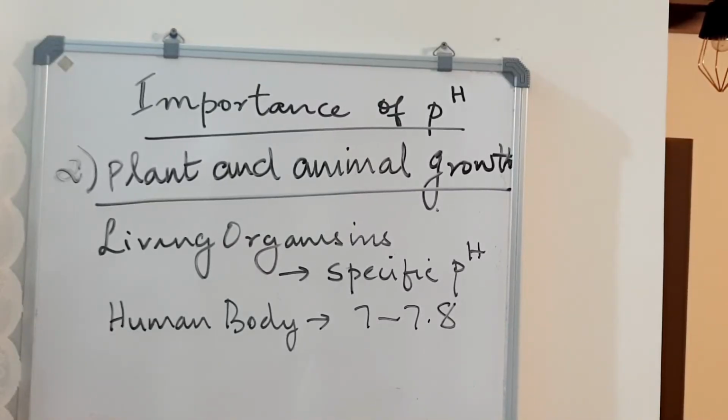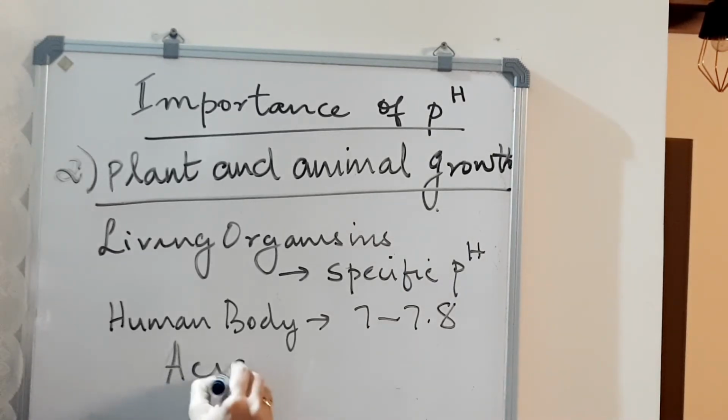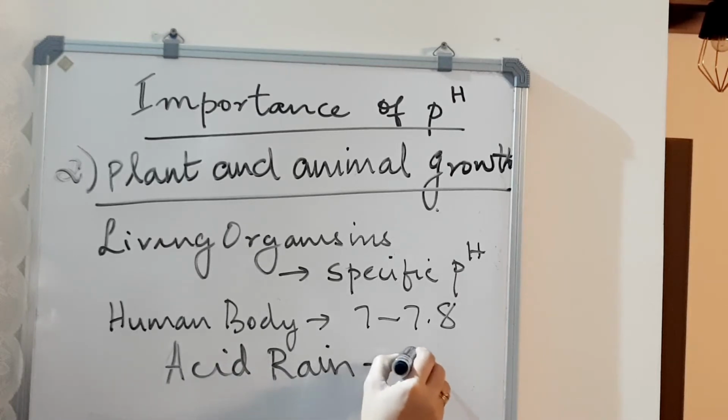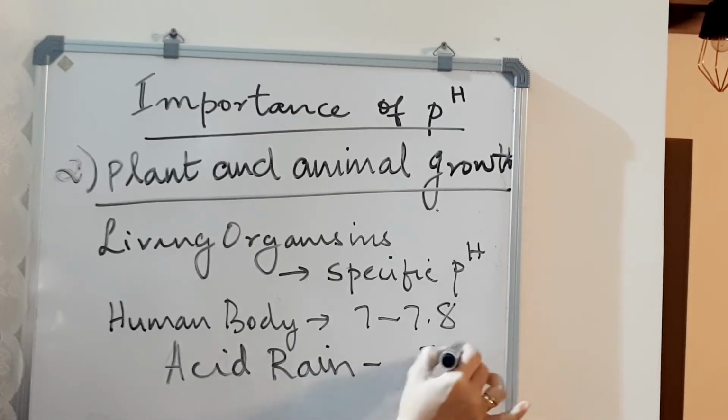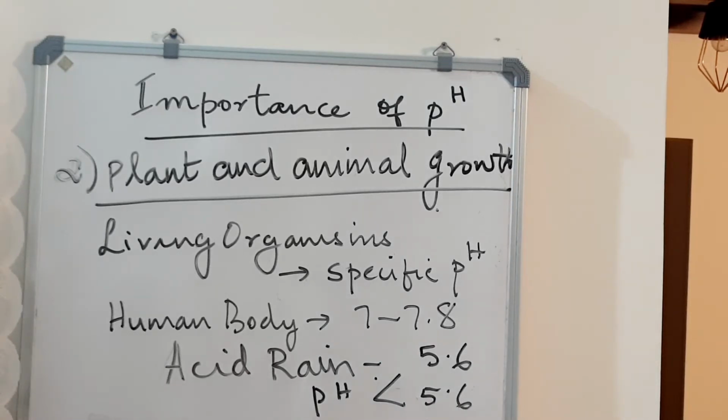Whenever an acid rain happens, when the pH of the rain is lower than 5.6, then we call it an acid rain.